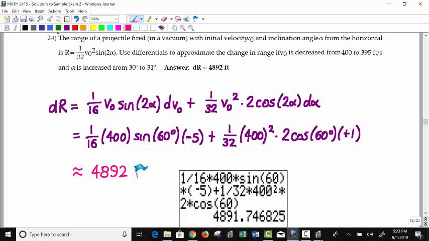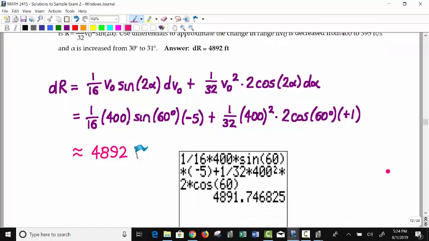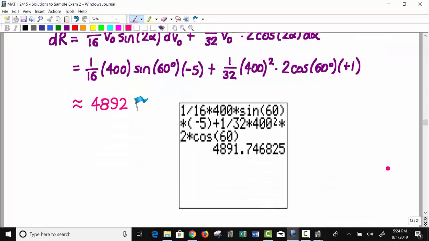And we plug in, like before, the starting values. So plug in the 400 for V0. Make sure you're in degree mode here. There are 2 alpha, so they're going to be 60 degrees, 2 alpha 60, 2 alpha 60. And then the V0 is 400. Plug all that in and crank it out.